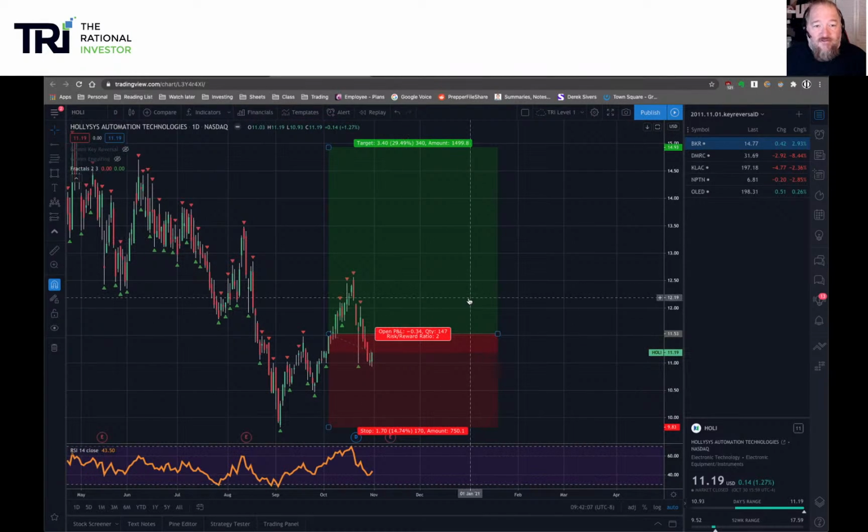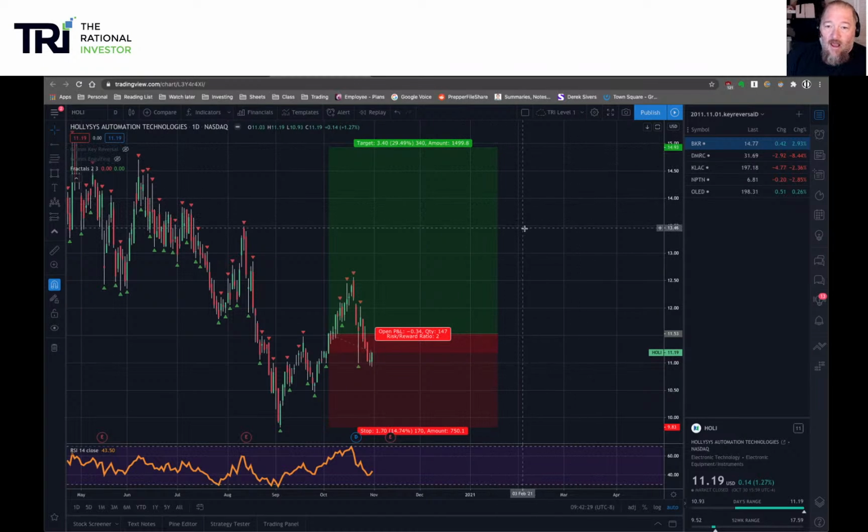You'll notice there are a few different numbers here. The 3.4, this is the target, has to do with the number of units. The 340 is the number of ticks between my entry point and my exit point.